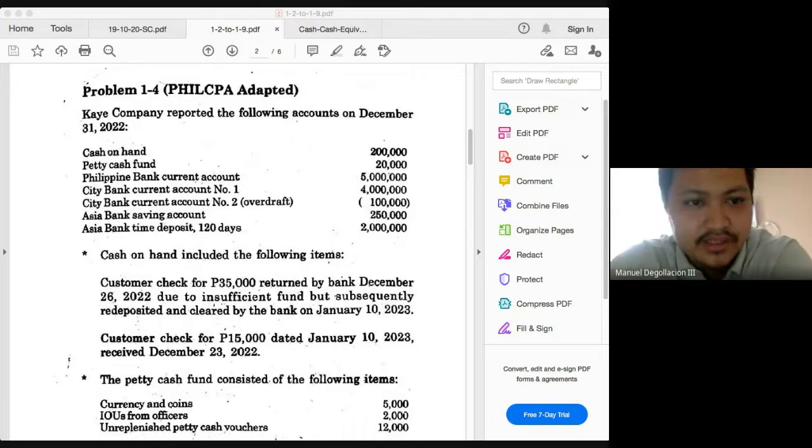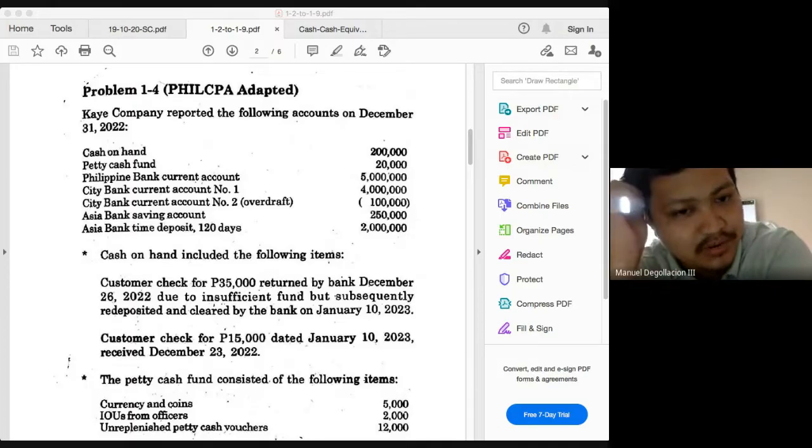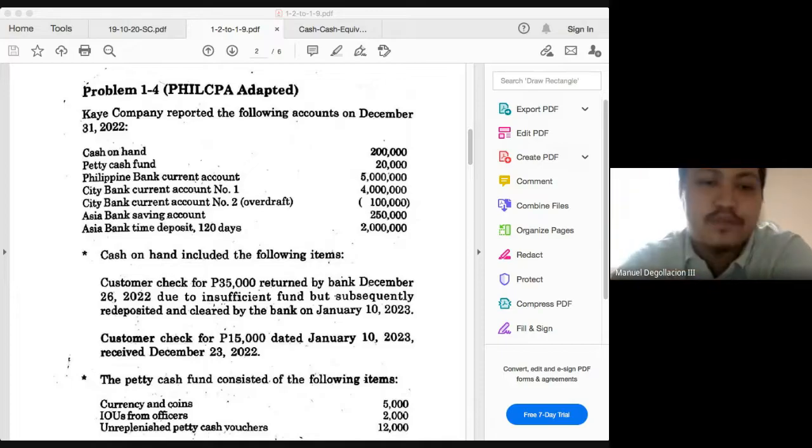Because in this case, we have another bank account with Citibank. This is an example of one of the exemptions wherein we are allowed to offset our overdrafts with our other cash balances. Why did we not offset the overdraft in the previous problem?